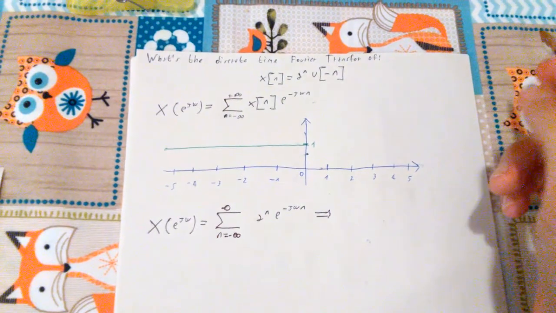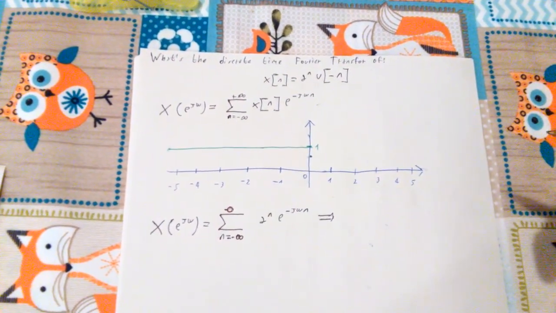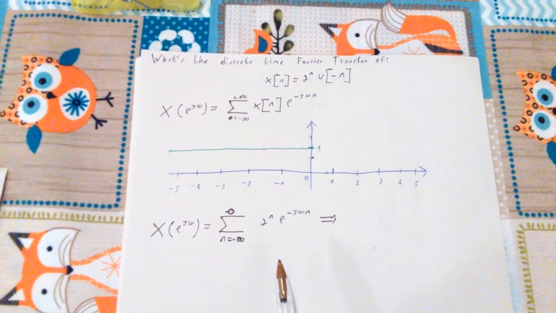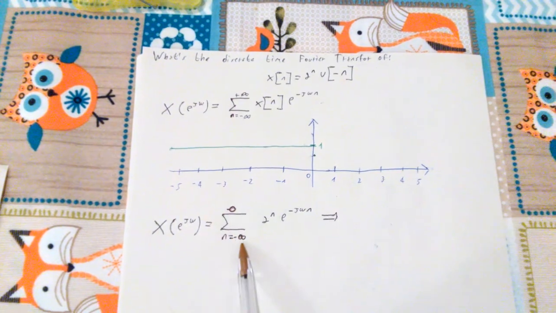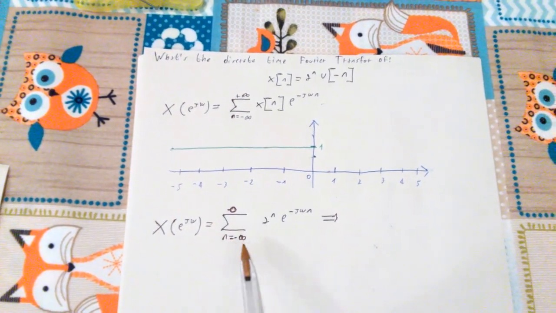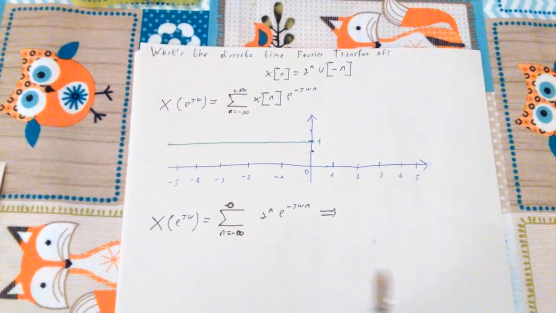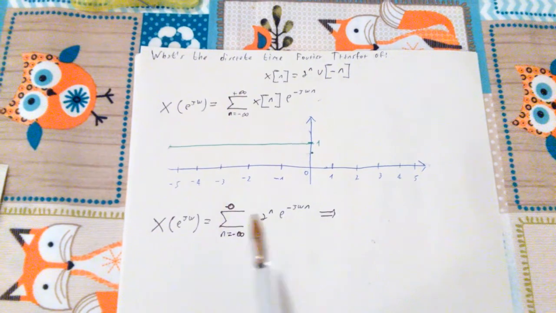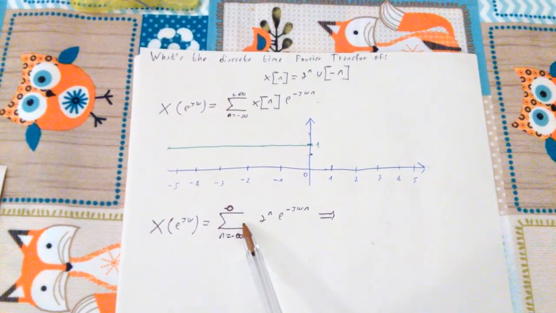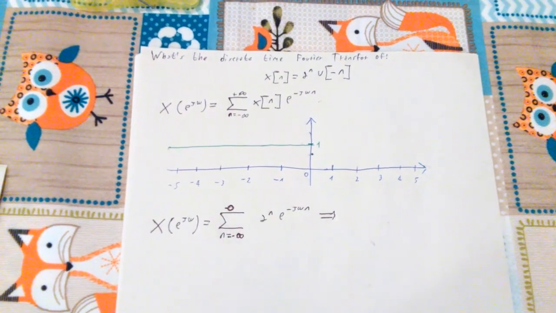Now, what do we do from here? Well, we can actually change those two and say, okay, we can go from n that goes from 0 to negative infinity. And we can do that because we have a sum. We don't have an integral. With the integral, it wouldn't be so easy, but we have a sum, so we can easily do that and change this.